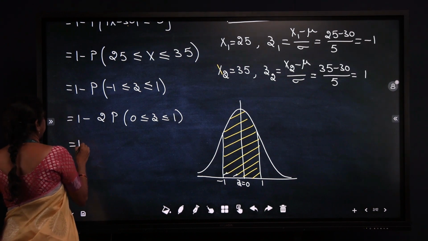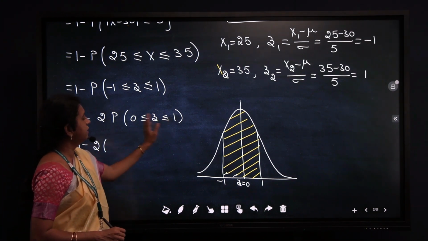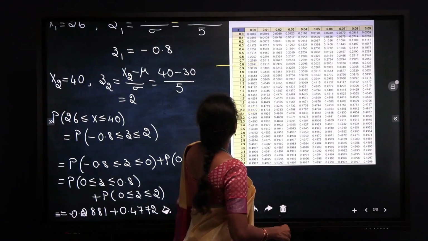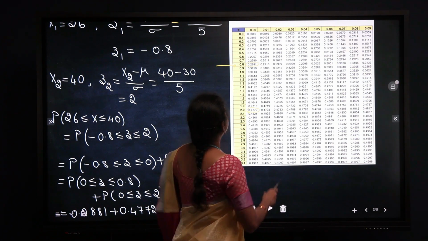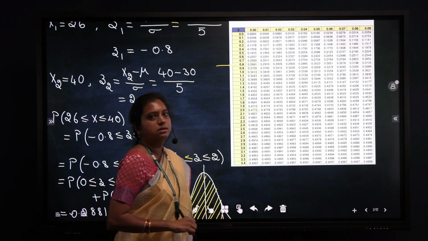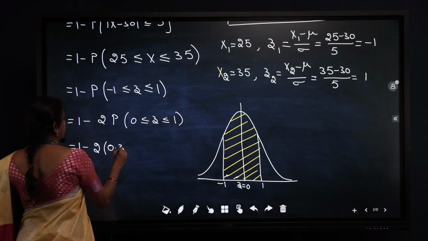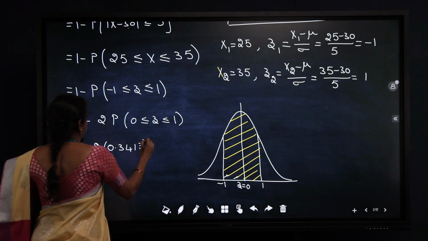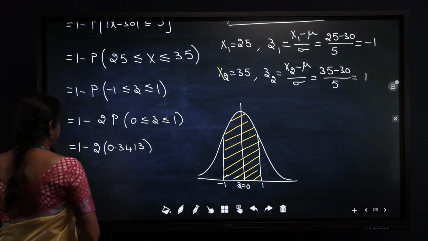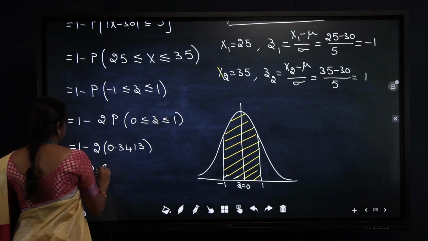So this is equal to 1 minus 2 of, I need to find the value of z under 1. So now if I see the value of z from 0 to 1 is 0.3413. So using this, 1 minus 2 into 0.3413, and on simplifying, we have the value as 0.6826.